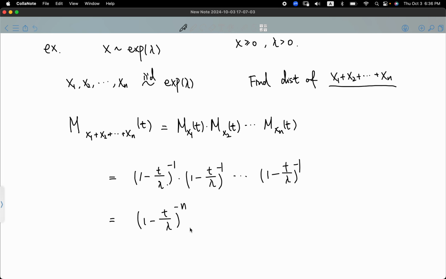Does that make sense? It's just n copies of things that have a power of -1, so you have -n as the exponent.